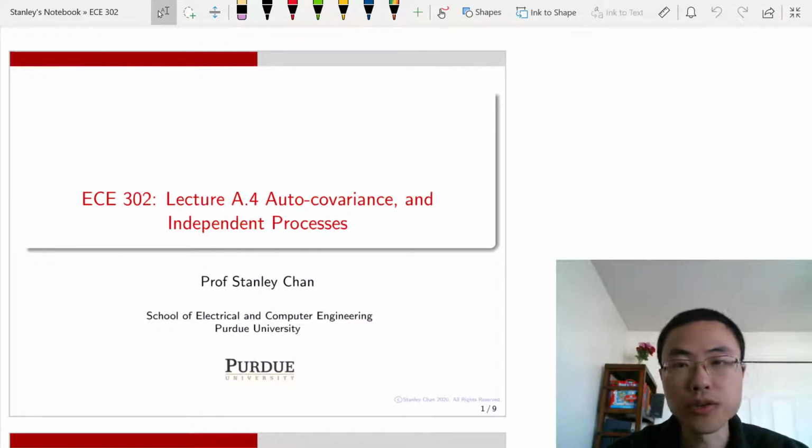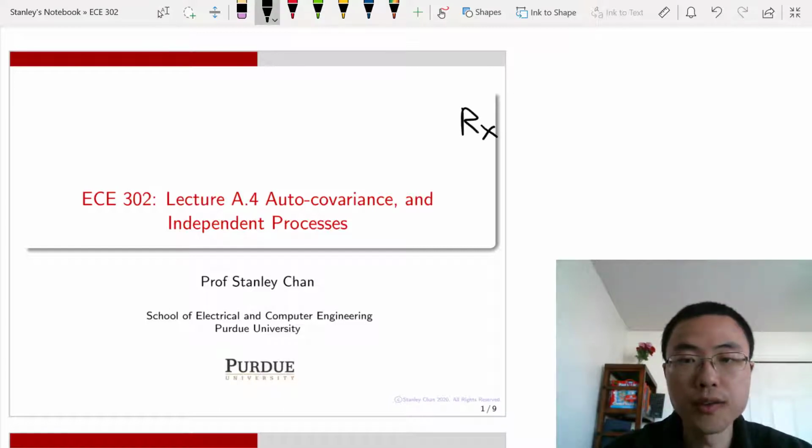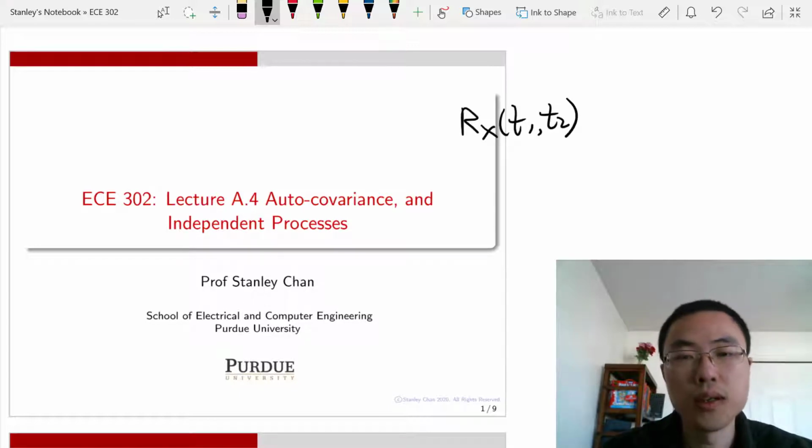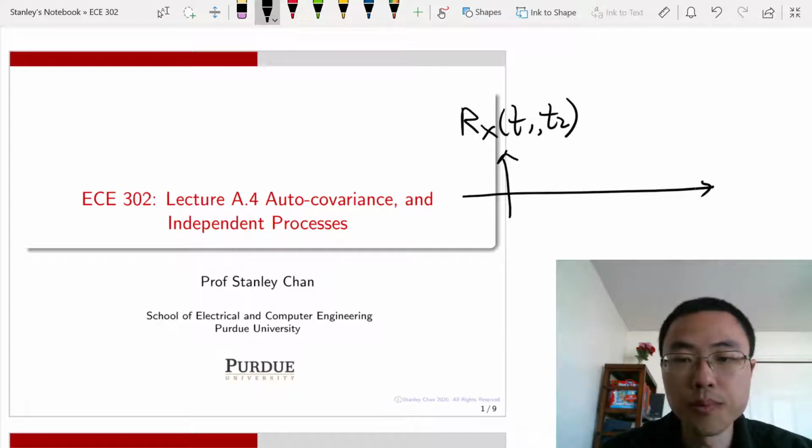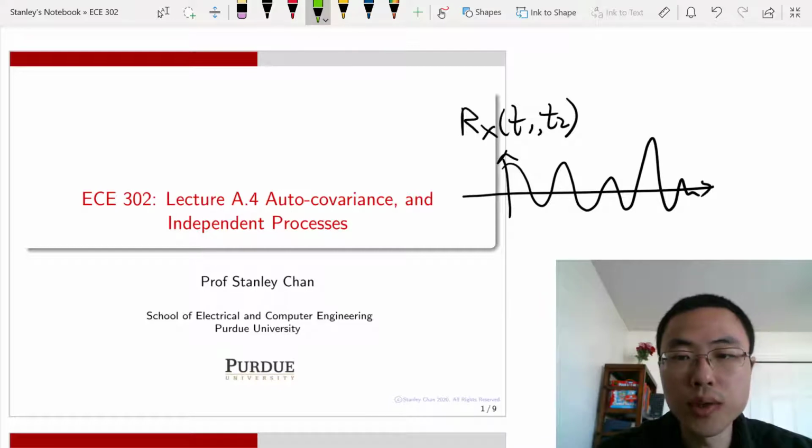In the previous lecture, we talked about the autocorrelation function, the function Rx at t1 and t2. The autocorrelation function tells us how a random process at a certain time instant is correlated with another time instant.